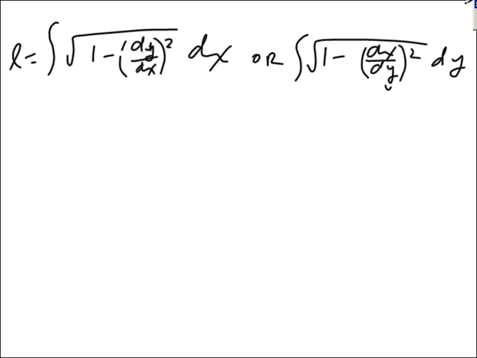Okay, so now when you would use that is if it was hard to find dy dx. If it's y and it's a function of x, then it's easy to find dy dx. But if you can solve for x in terms of y, why not do dx dy?